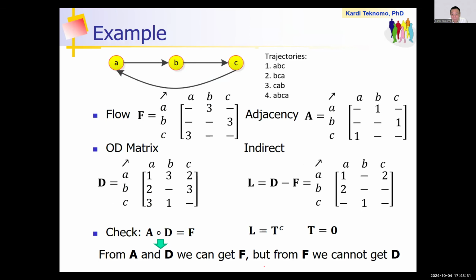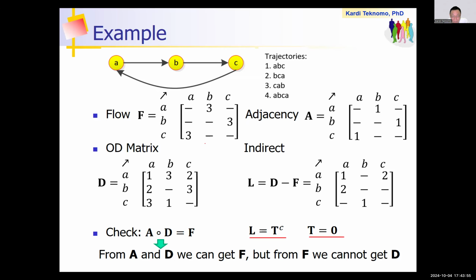Based on the correct result, you can get this. This is a very important example where the indirect link flow is exactly the same as the substitute, when there is no alternative route.